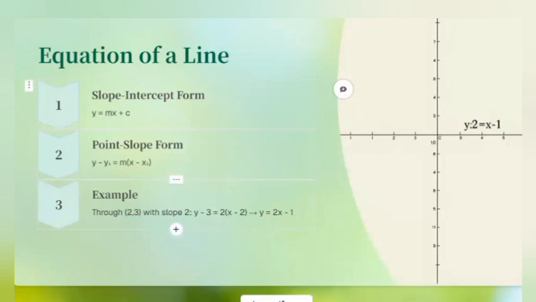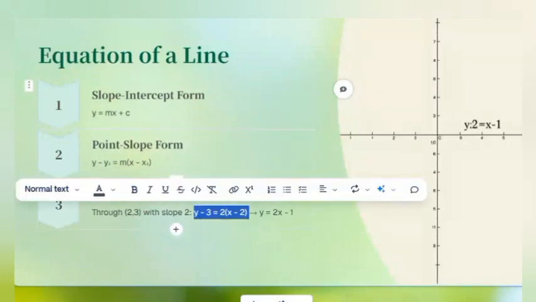In the formula, there's a place where you put in x1 and y1, which is what this 2 here is, and this 3 right here is. Then the slope, which is m, is also 2. You put it into the formula, and then you should be able to resolve this as it is here. Just collect your like terms, rearrange the equation, and then arrive at your final answer, which is this.